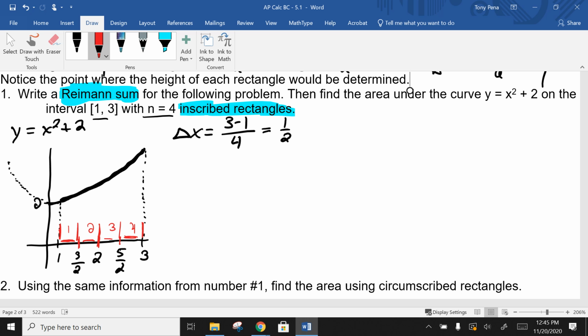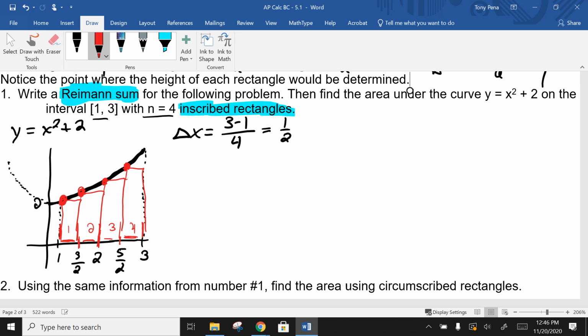All right, to keep them inscribed, you should have been using the left endpoint the whole time, correct? So I could have said left endpoint also, and they would look the exact same in this case. So we would have touched here, moved to the right, here, here, and then here.